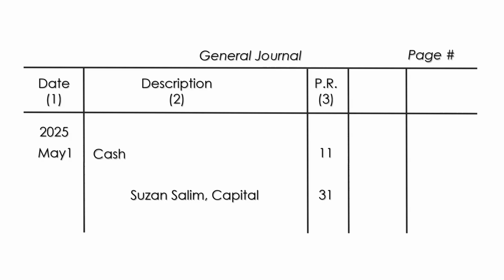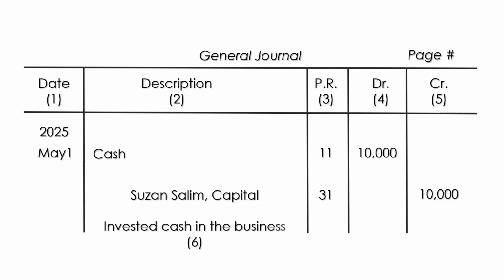This is where we will later write the ledger number once the entry has been posted to the ledger. After that, we have the debit and credit columns where we record the corresponding amounts. It's crucial that both sides are equal as every journal entry must remain balanced. And finally, we include a brief explanation below the entry. This note helps us remember the reason for the transaction and provides context for future reference.